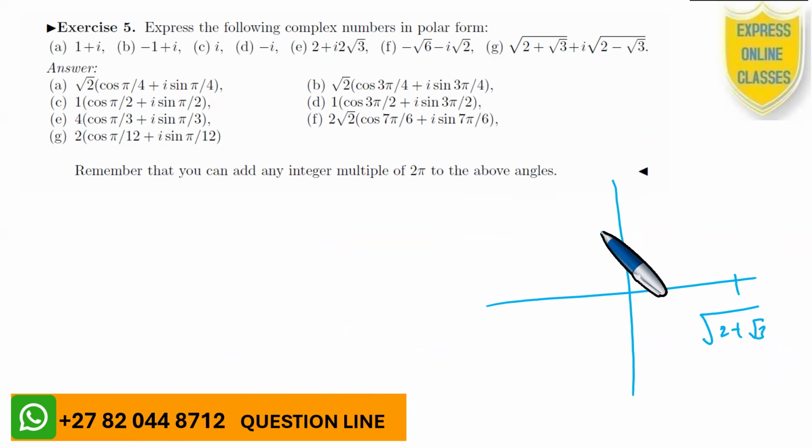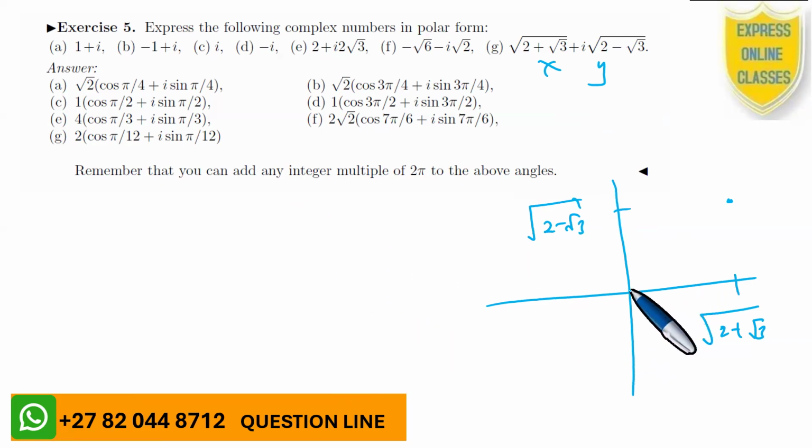So we continue. And then this one is 2 minus the square root of 3. So we plot it here. This is the x and this is the y.